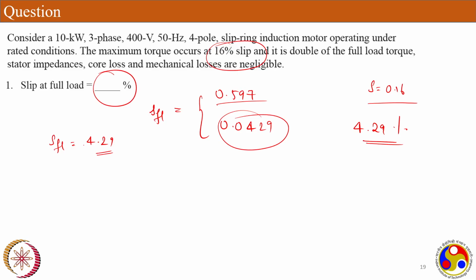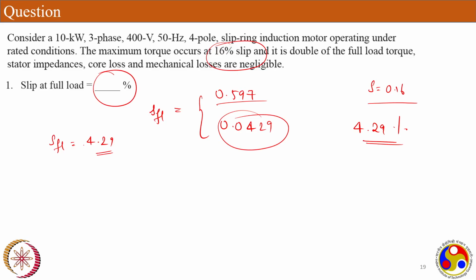NS is 120 F by P, and NFL is NS into 1 minus S. It's a 50 hertz, 4-pole machine, so 120 times 50 divided by 4 is 1500... so NFL is 1500 into 1 minus 0.0429, which is 1435.69 RPM. Simple, just calculating full load speed.